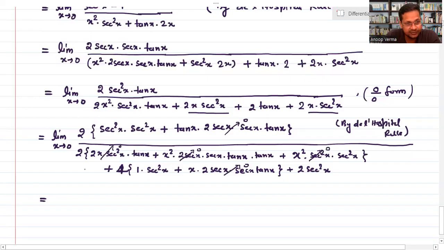Okay, so what is remaining, the non-zero terms. Here when we apply the limit, this is 2, and sec square 0 means 1, so it will be 1 here. Okay, and this term is 0, so there is nothing to do.